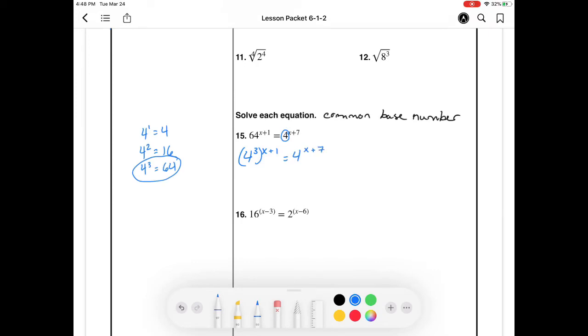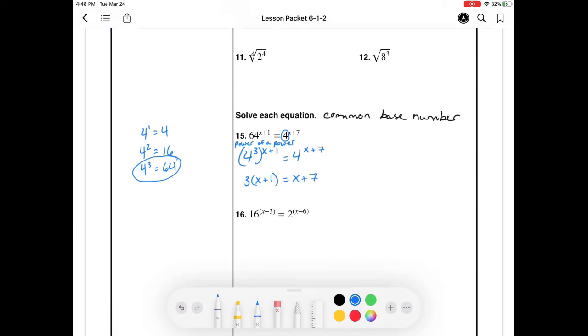Now, if we remember our exponent rules, when we do a power to a power, we can multiply the exponents together. So I can take the bases out now and just concentrate on my exponents. So using my power of a power rule, I can write 3 times x plus 1 is equal to x plus 7.